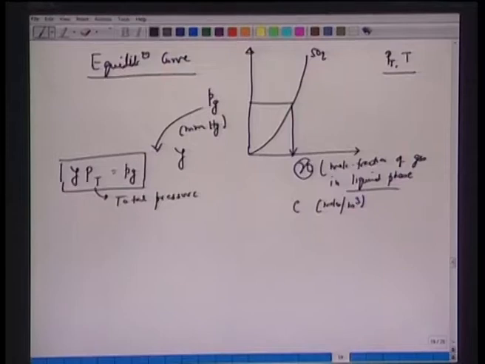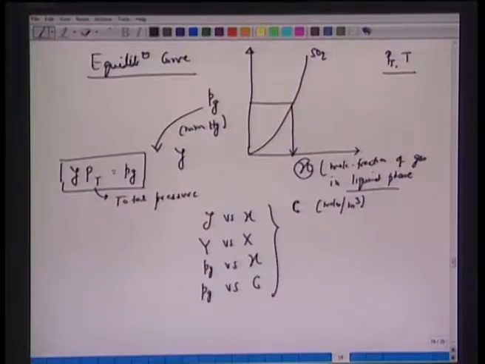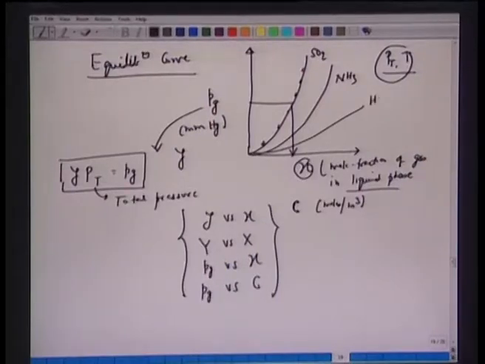So, there are different ways of writing these concentrations: either y versus x, capital Y versus x, Pg versus small x, or Pg versus concentrations. Idea is that given pressure and temperature, such data are known to us from certain handbooks or from certain calculations. Similarly, we will have a different curve for ammonia. Similarly, you can have a different curve for HCl.